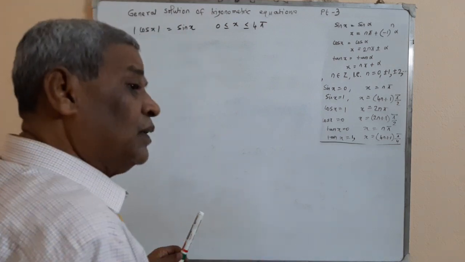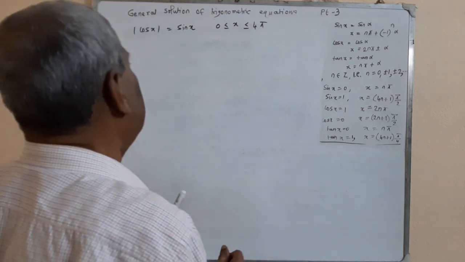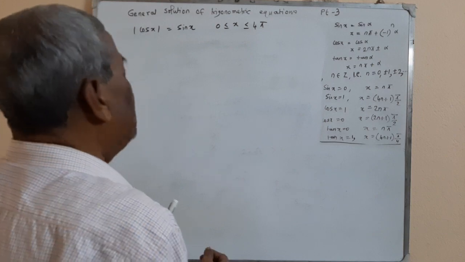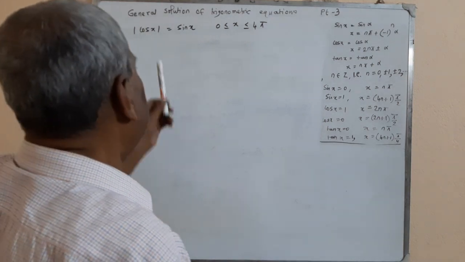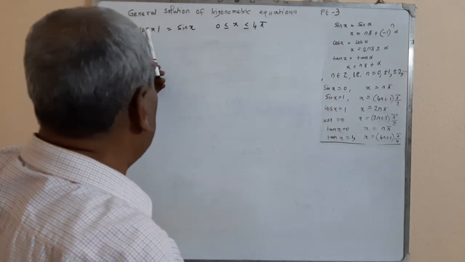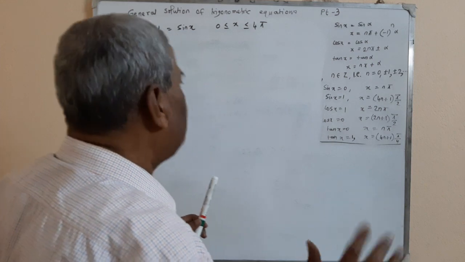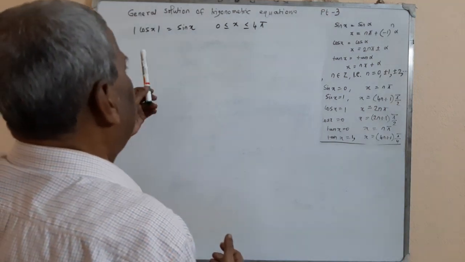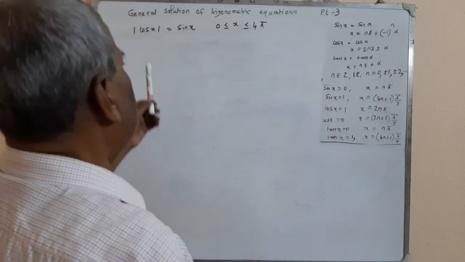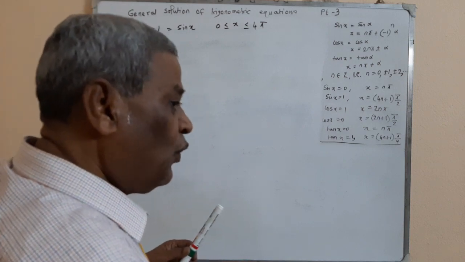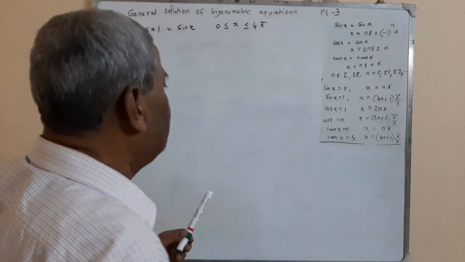There are many ways. One is we take x for which cos x is positive. Then the equation is cos x = sin x, tan x = 1, which we can solve. And now take cos x negative, which is in the second quadrant and third quadrant.